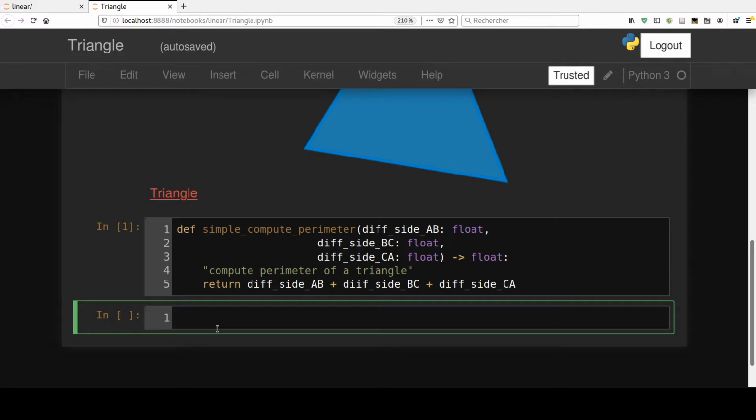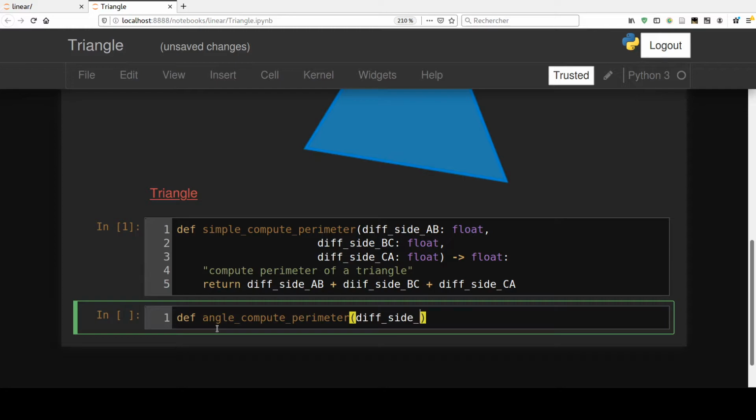Let's say this function would be called angle compute perimeter. What do I need for this function?